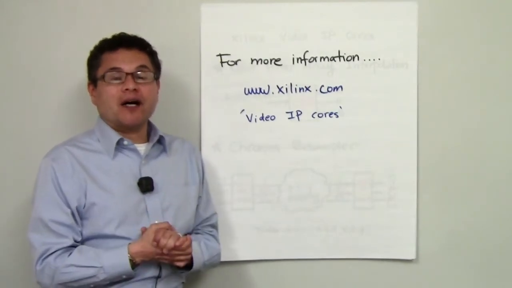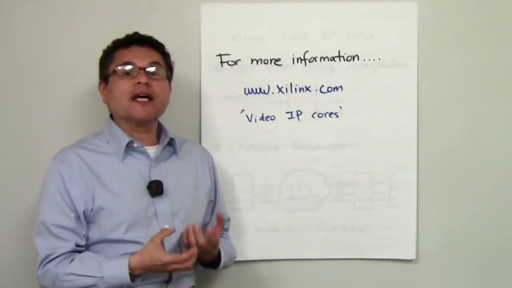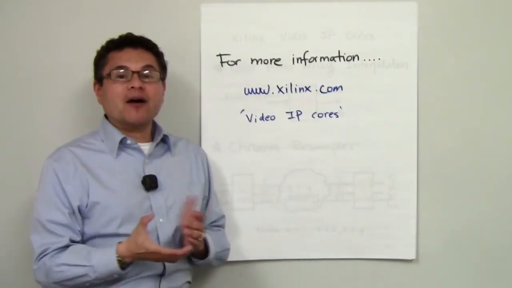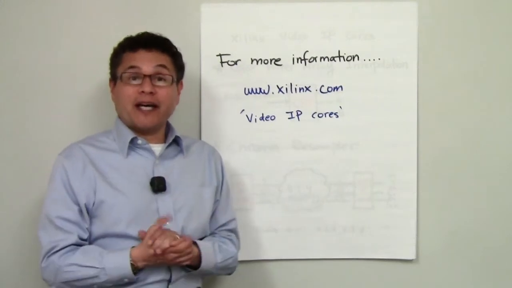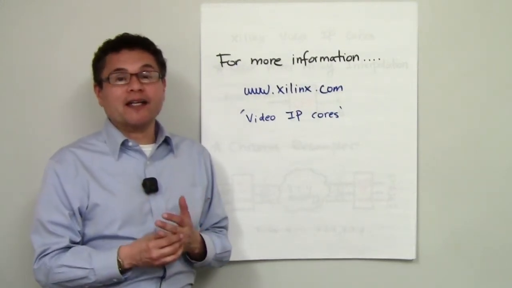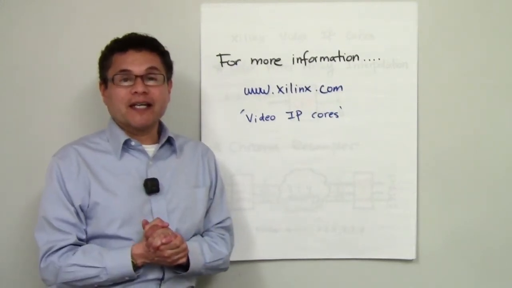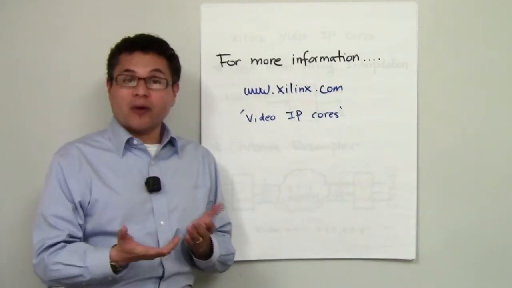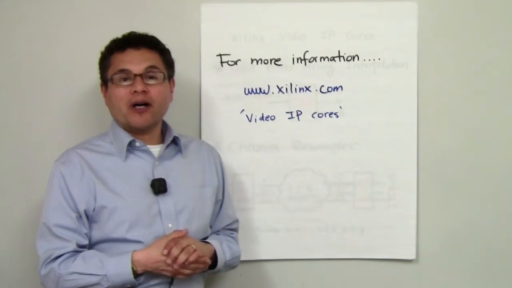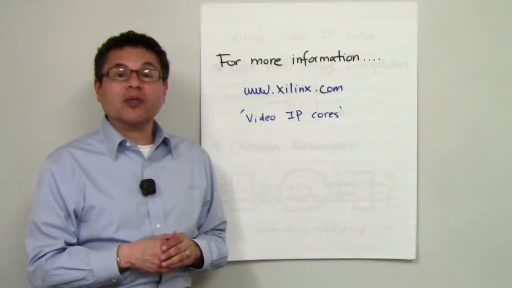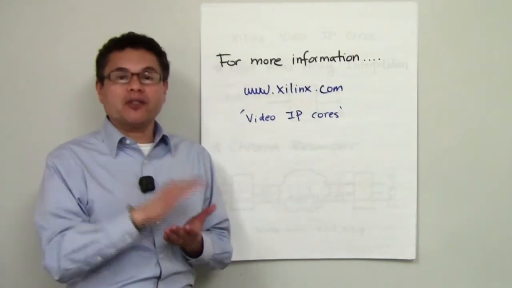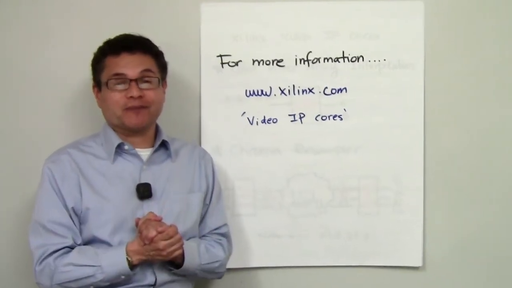We've seen how important it is to be flexible in dealing with various image formatting domains, and how the flexibility provided by FPGAs comes in very handy when you want to implement your system. Not only that, there's a whole set of IP cores that are part of the Xilinx catalog that will allow you to very quickly and easily convert from one domain to another depending on your application.